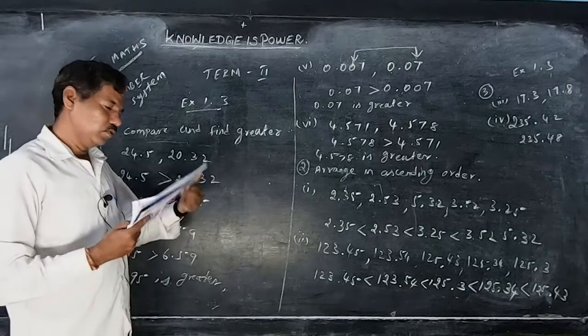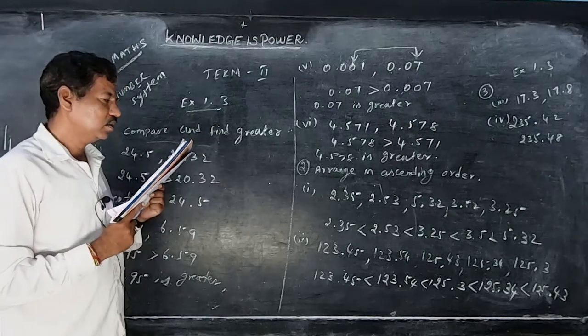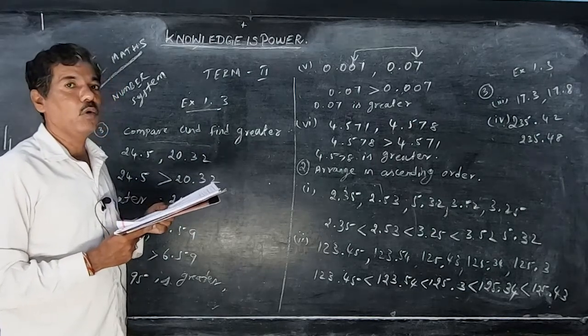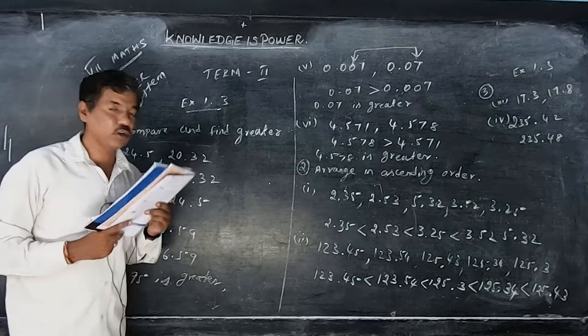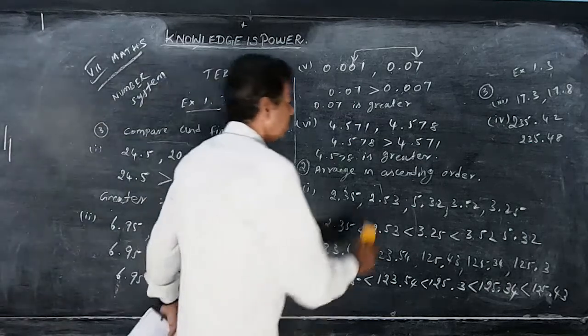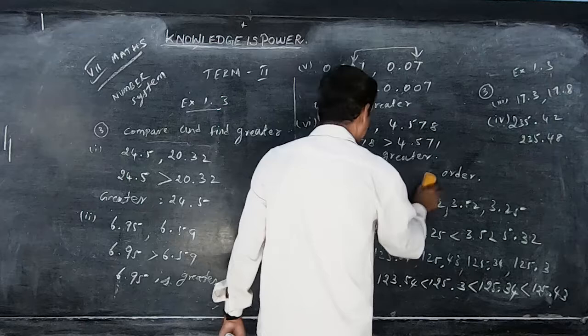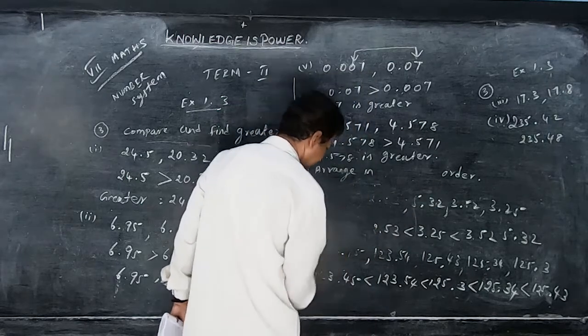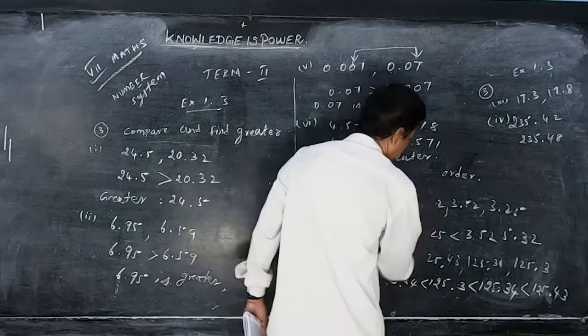Okay, so that's all. Up to this, the third Roman numeral will be over. Last we move on to the fourth one. Arrange in descending order. Next, arrange in descending order.